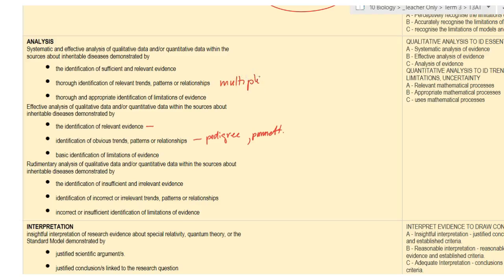But that's what you have to do if you want to get the high level mark there, and they need to be justified. You can't just make every possible Punnett square and hope that the answer's in there somewhere. You have to justify to me why you did that Punnett square, why you think that is a possible outcome for this family.